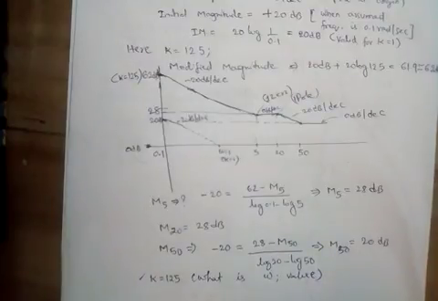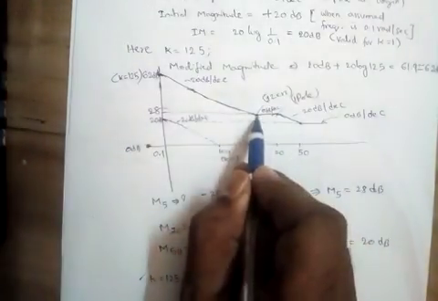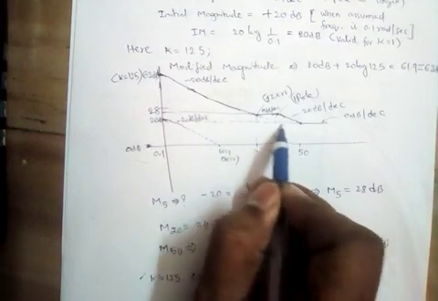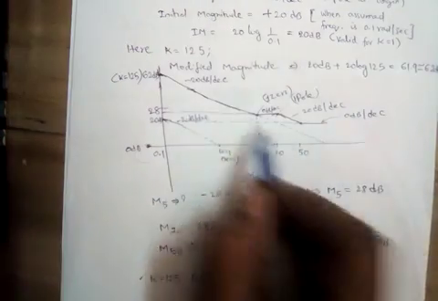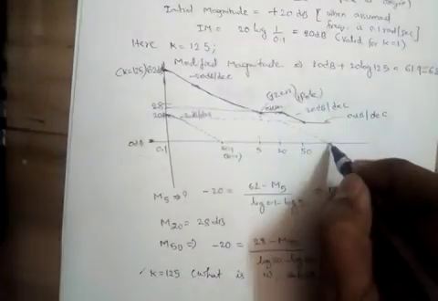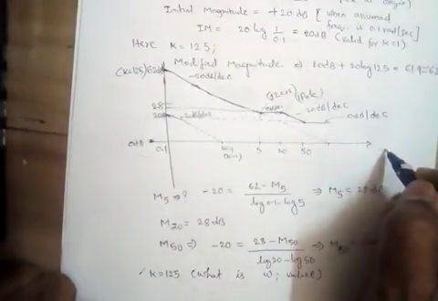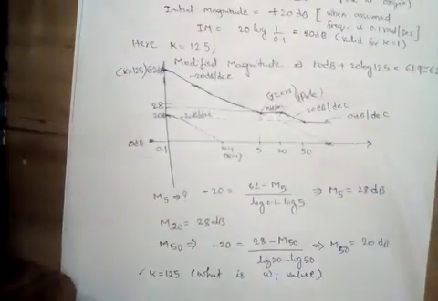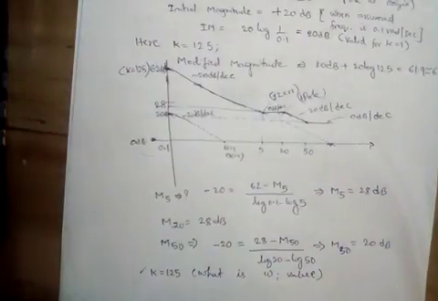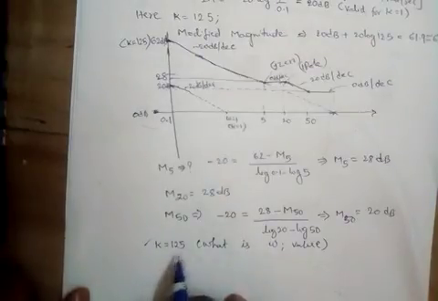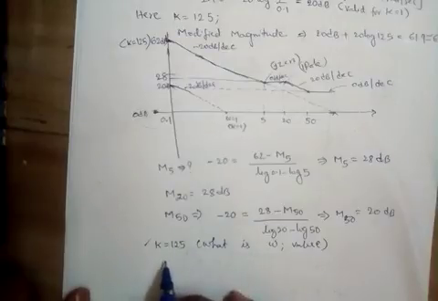We can find it. We simply extend the initial slope line to this point, where it cuts the 0 dB axis. This is the 0 dB axis. So the same formula is applied to find the omega value for K equal to 125.